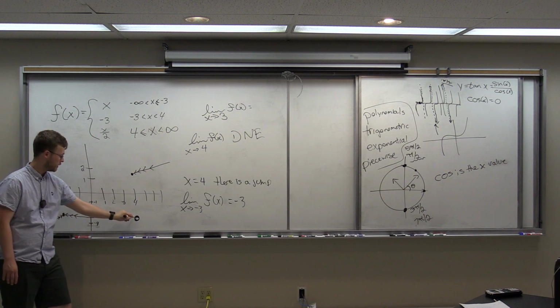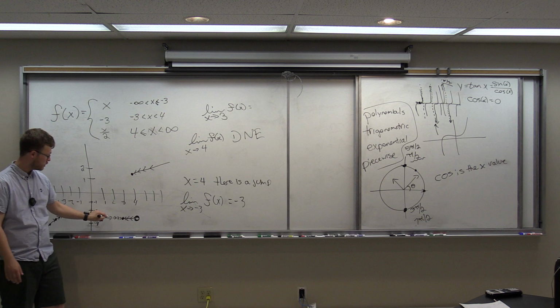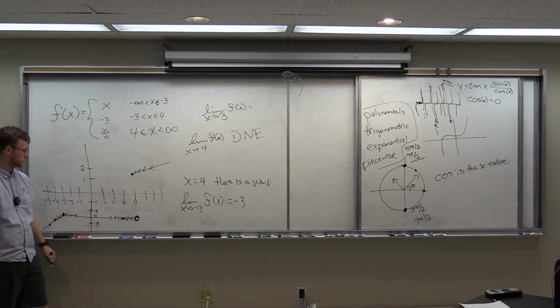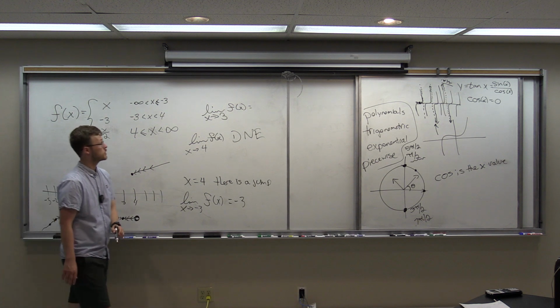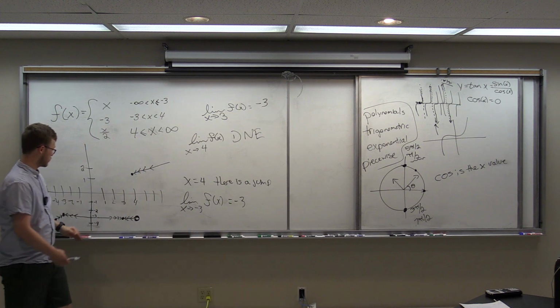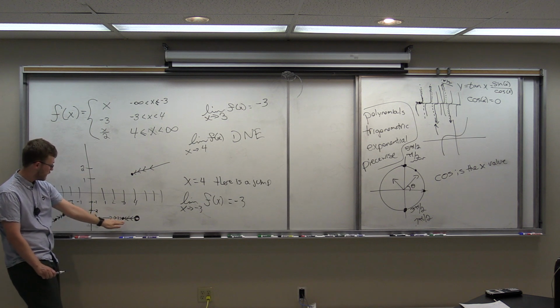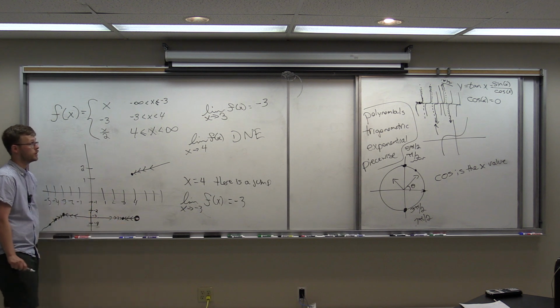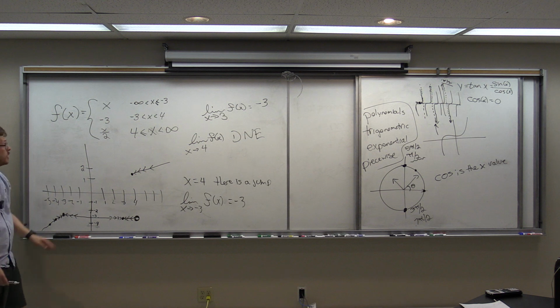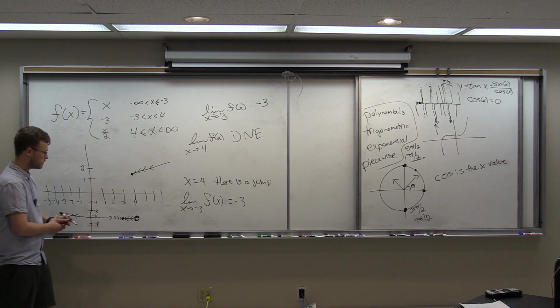I have closer values. And the closer values make everything make good sense. Everything looks continuous. I can draw that line without lifting my pencil. So the limit as x approaches 3 is negative 3. Because as x approaches 3 from the left and from the right, it is approaching the same value. Y is equal to negative 3. So that limit exists, while the limit as x approaches 4 does not exist.